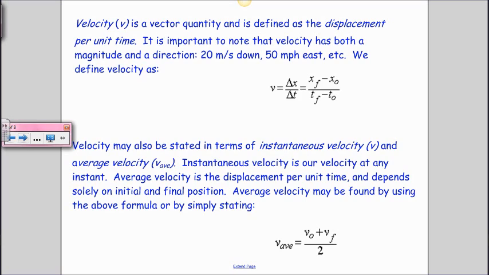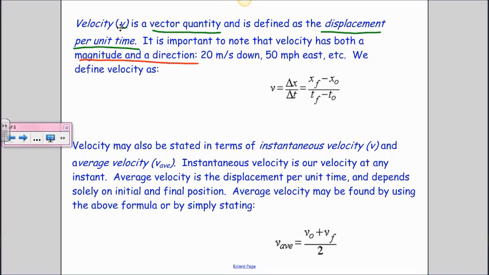So, for definition, velocity, abbreviated little v, is a vector quantity and is defined as the displacement per unit time. So, how far an object was displaced in a given time. It's important to note that because velocity is a vector quantity, it has both magnitude and direction.